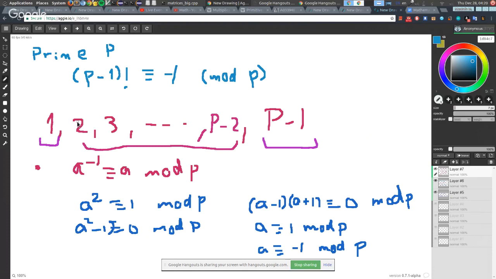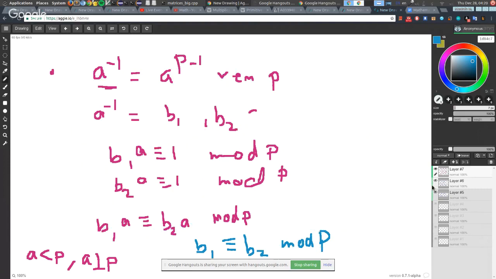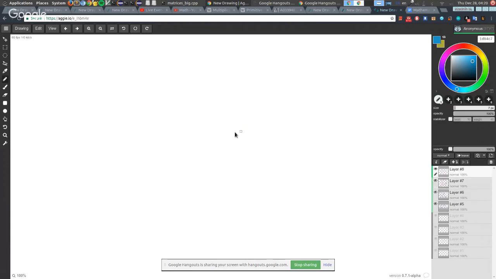For example, if we want the inverse of 2, there's exactly one number here that is the inverse of 2. And as we know from the inverse, it goes both ways.